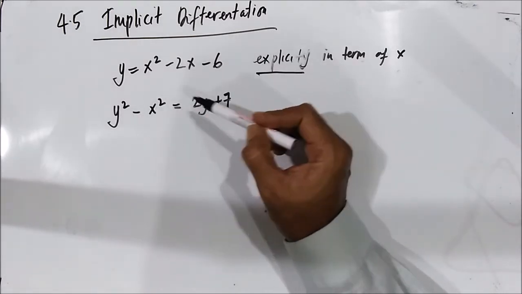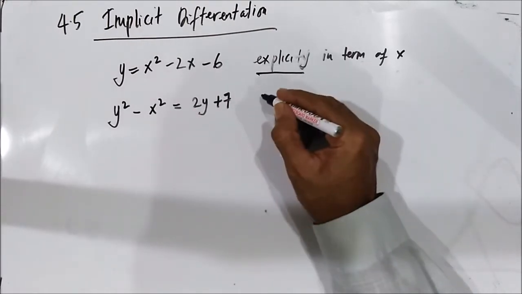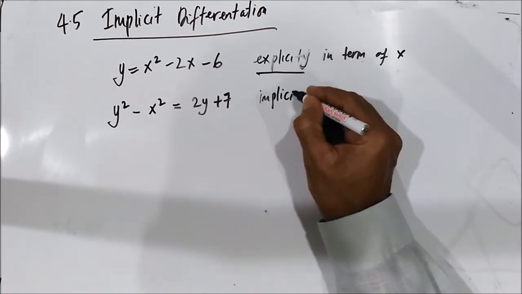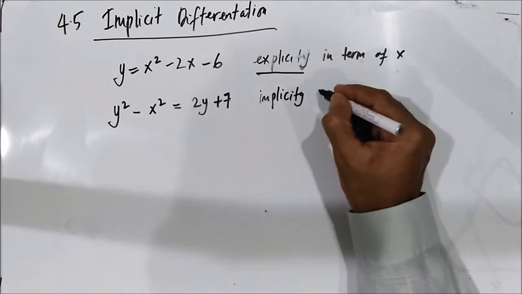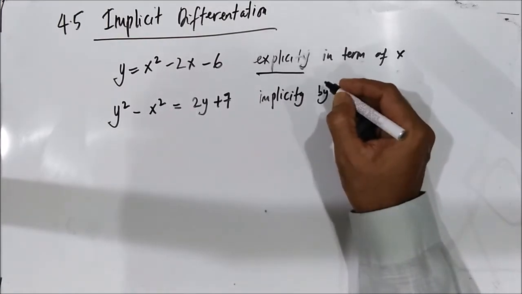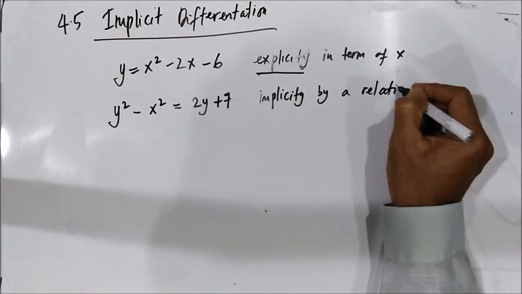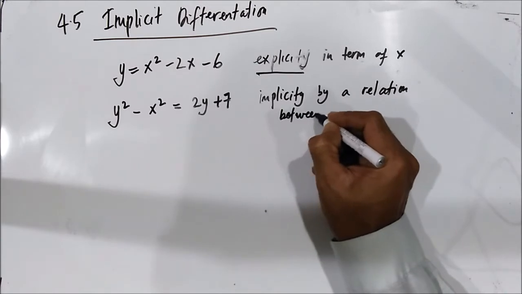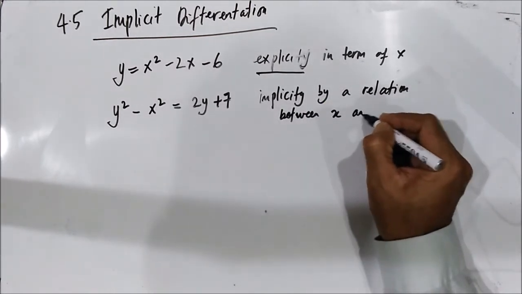This can be defined implicitly by a relationship between x and y.